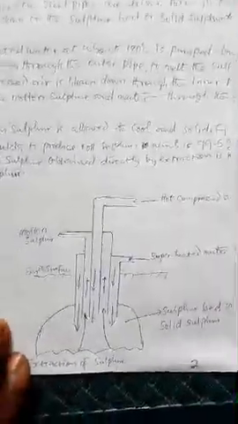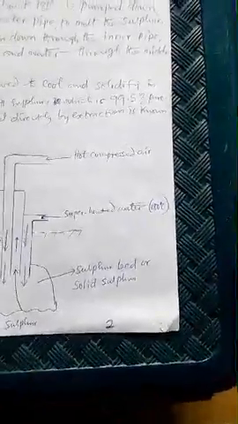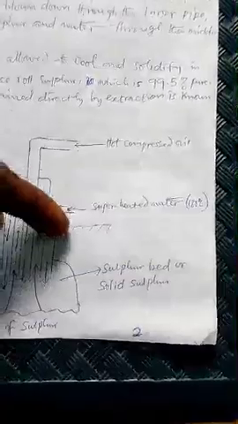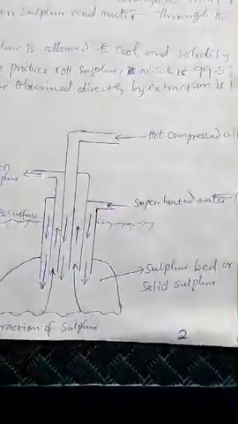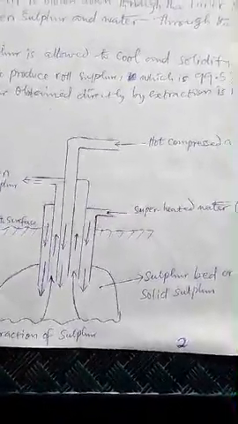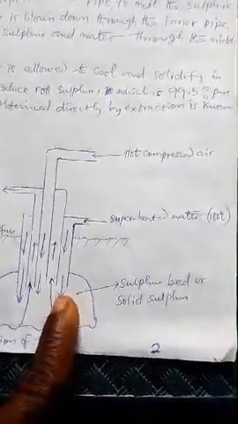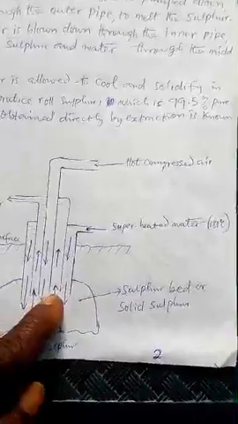This is the experiment to demonstrate what we've just discussed. This is the Earth's surface. From here down is the soil. This is the sulfur bed or solid sulfur in soil.